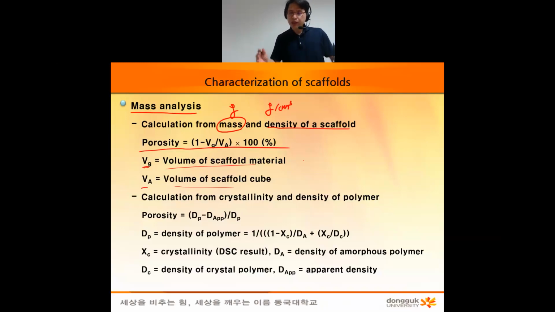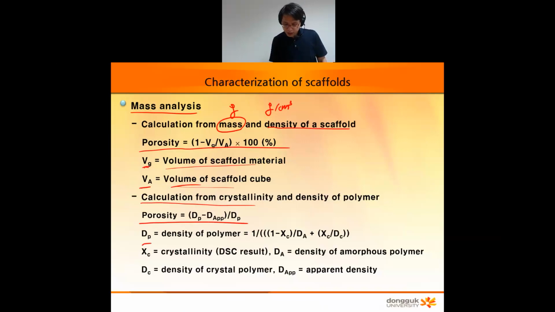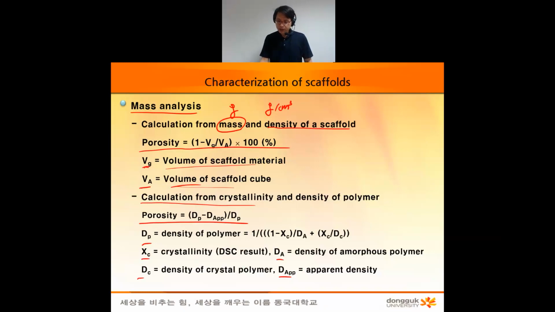Vg means the volume of pure material itself without pore contribution. Va is the volume of scaffold itself. Calculation from crystallinity and density of polymers can be applied. The porosity can be expressed in this equation where dp, chi c, dc, da, dapp are expressed in these terminologies.